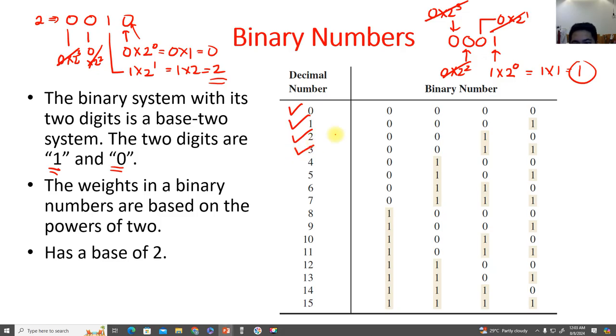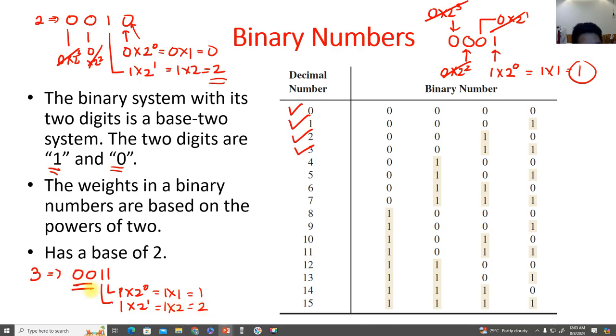Another example, just in case you haven't gotten it: the decimal number 3 converted to binary would be 0 0 1 1. Here again is 1 times 2 raised to 0, so that's 1 times 1, which is 1. And we have 1 times 2 raised to 1, that is 1 times 2, and that's 2.